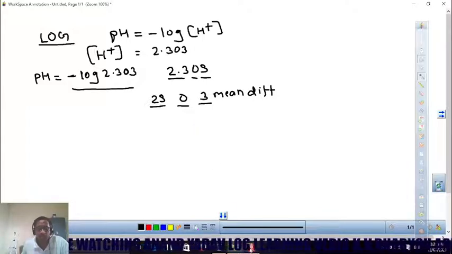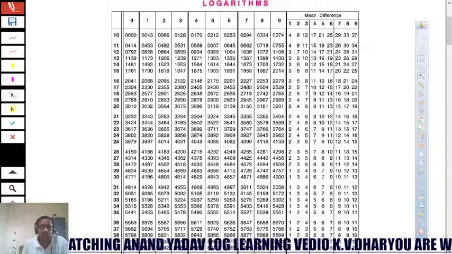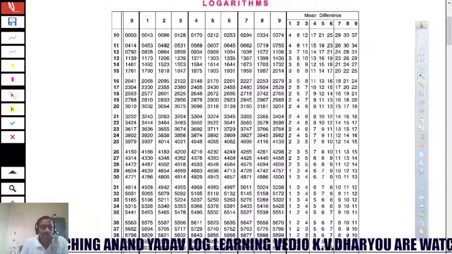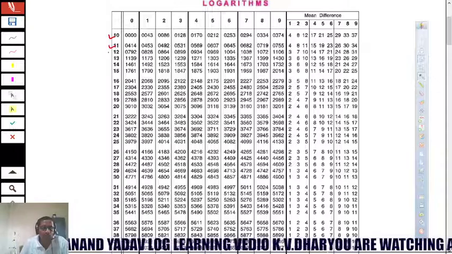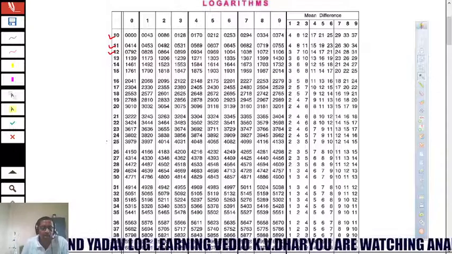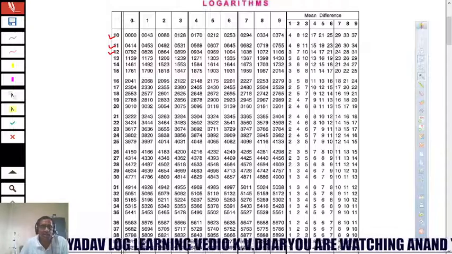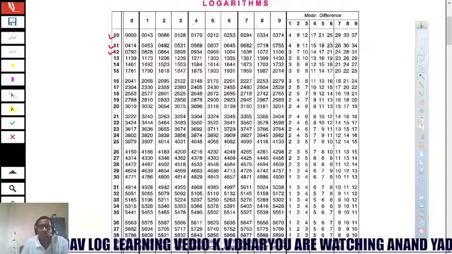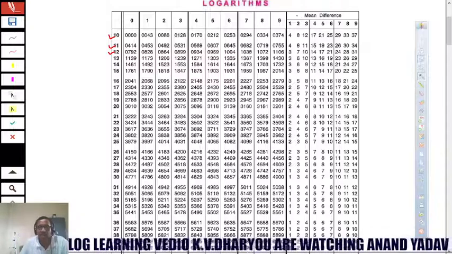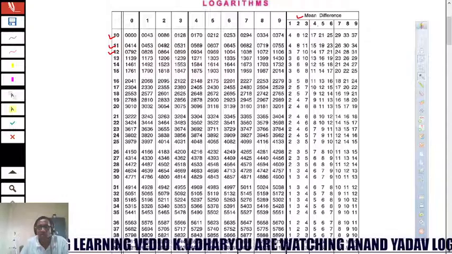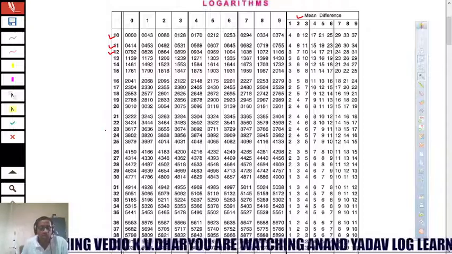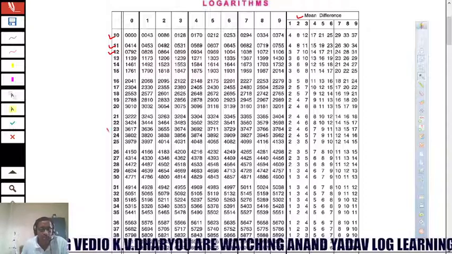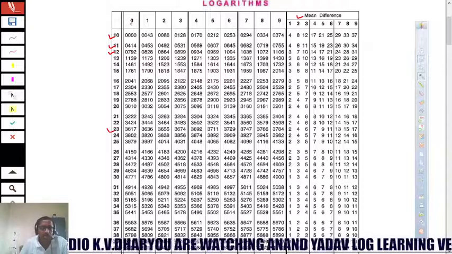See, this is the log table. This is the logarithm table. Here you have some values like 10, 11, 12, 13, 14, 15 and so on. And here there are 0, 1, 2, 3, 4 up to 9. And here is the mean difference 1, 2, 3, 4, 5, 6, 7, 8, 9. Now we have to see 0 of 23, that means this is 23 and this is 0.